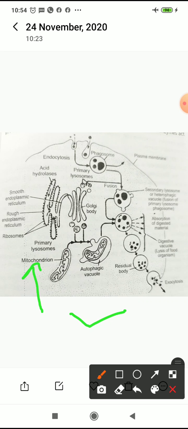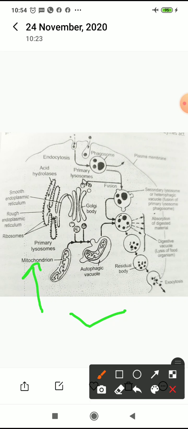Four types of lysosomes are distinguished, of which the first is primary lysosome and the other three types are grouped together as secondary lysosomes. Primary lysosome is also called a storage granule.